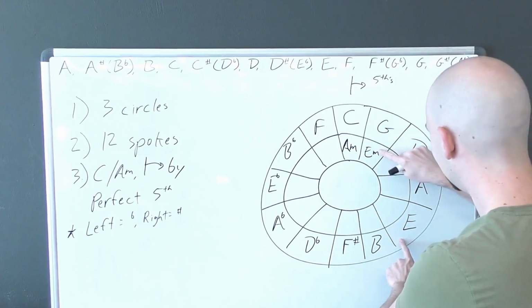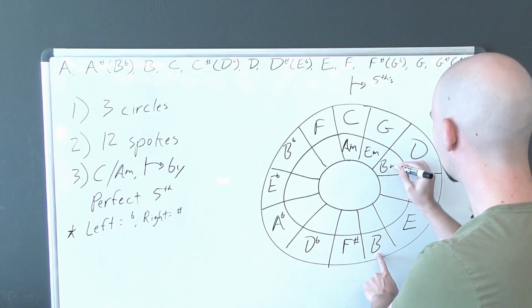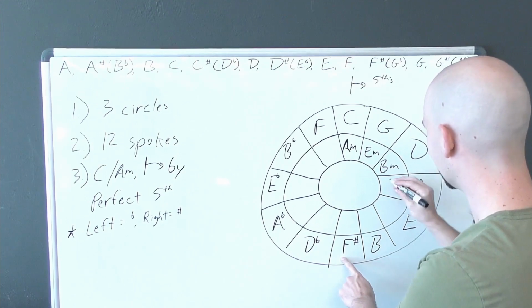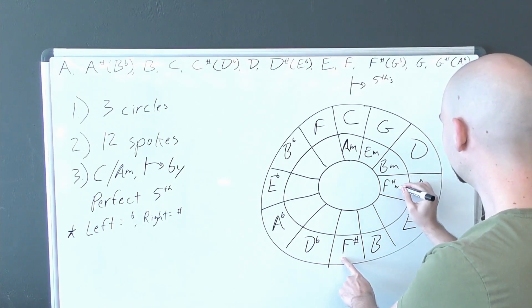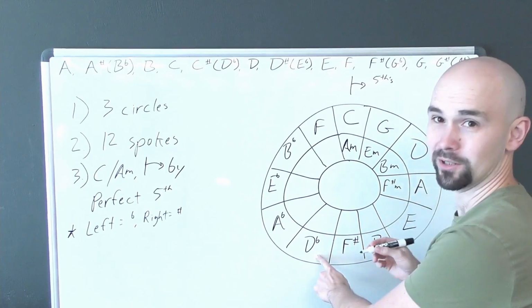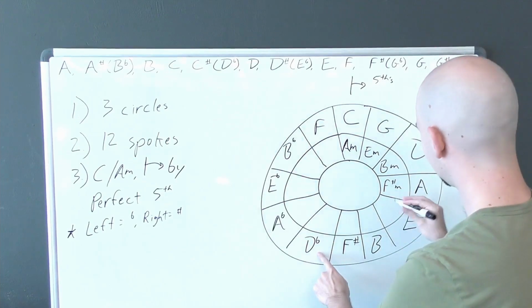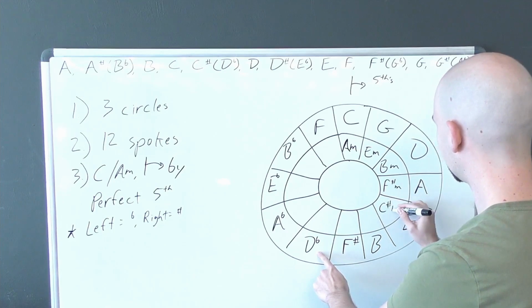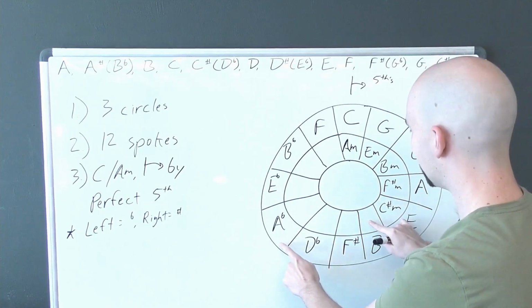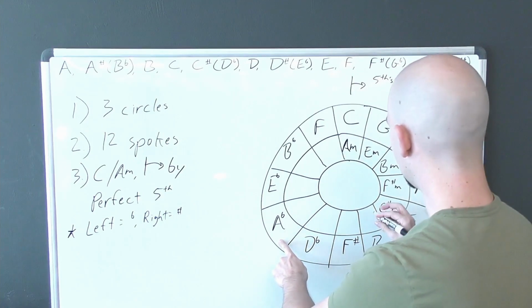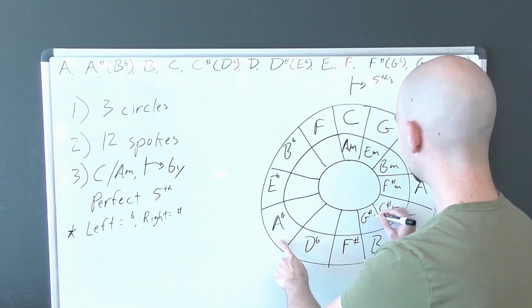and then B minor. All I'm doing is copying the outer ring here and putting a little M next to it. F sharp minor, D flat minor, but it's the right half, so instead of D flat, I'm going to call it C sharp. And now A flat minor, but instead of A flat, I'm going to call it G sharp minor because I'm still in the right half.